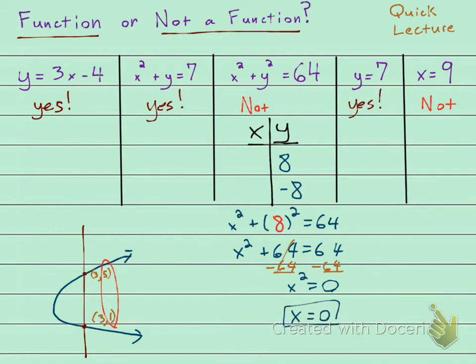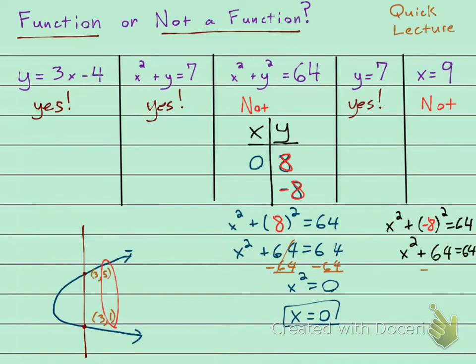Now, we plugged in the 8. We find that x is 0. Let's plug in a -8 for y. I have x squared plus y squared equals 64. I'm going to plug in a -8. So x squared plus negative times negative is a positive 64.